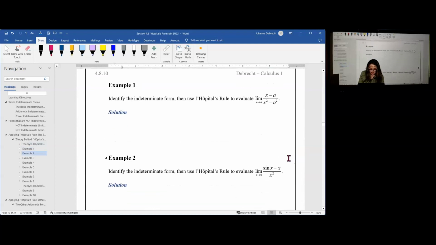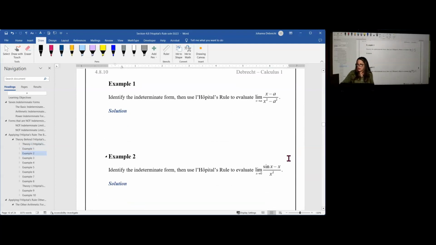Let's now take a look at an example of one that we solved previously with an arithmetic method by factoring the denominator and canceling the common factor. We want to first identify the indeterminate form, so we substitute a into the function, and we get 0 over 0.